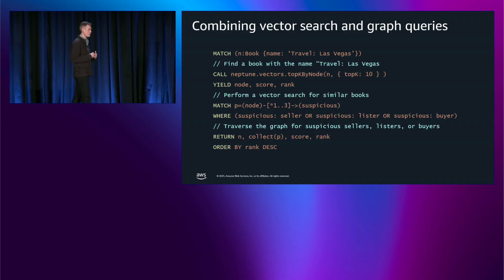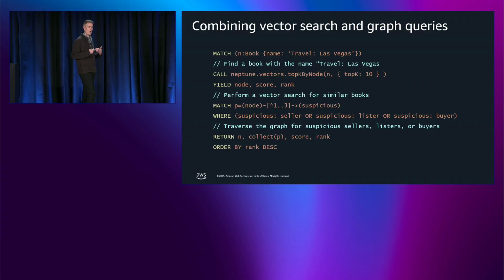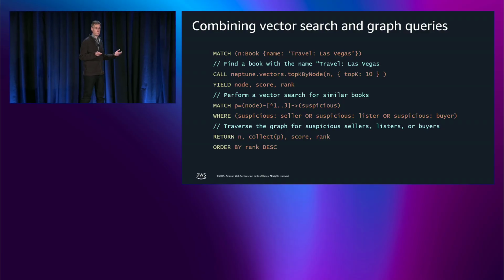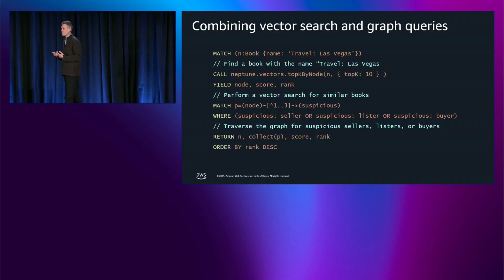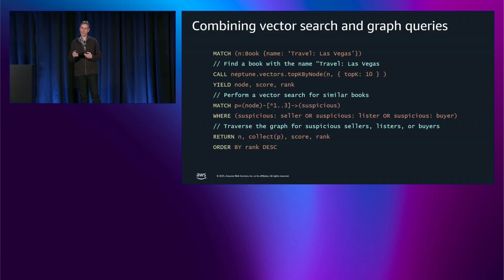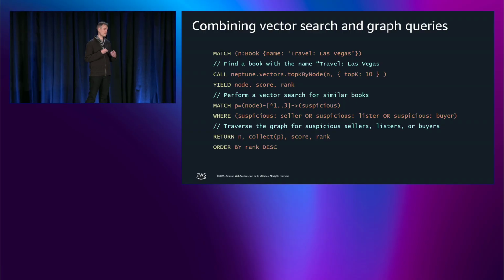They took that graph search result, and then they combined it with the vector search. So show me books that are similar within some top K of the travel books that I specified in my graph. And then they combine this with information that they had in their graph already related to various different scoring that they use for sellers, listers, or buyers that have been flagged as suspicious.